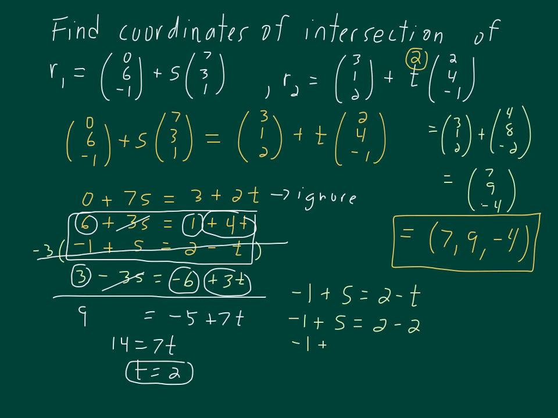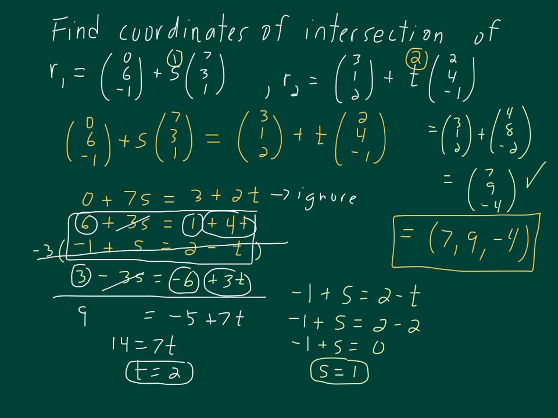That will enable me to solve for s. So I would get s equals 1. Notice that if I put a 1 in here, I would end up with the same numbers of 7, 9, and -4 if you distribute that 1 through that second vector.